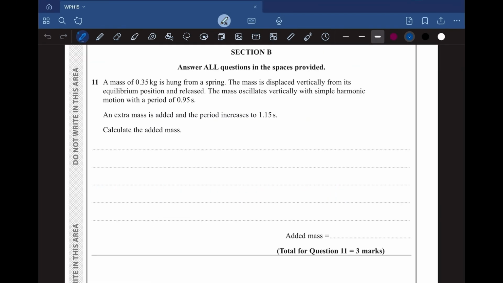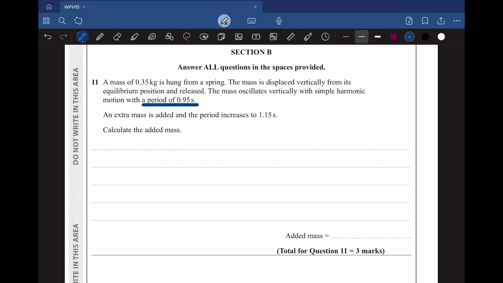All right, question number 11 says a mass of 0.35 kg is hung from a spring. The mass is displaced vertically from its equilibrium position and released. The mass oscillates vertically with simple harmonic motion with a period of 0.95 seconds.